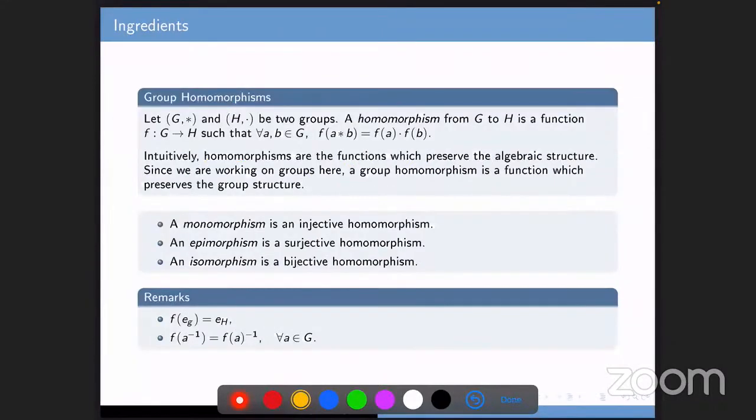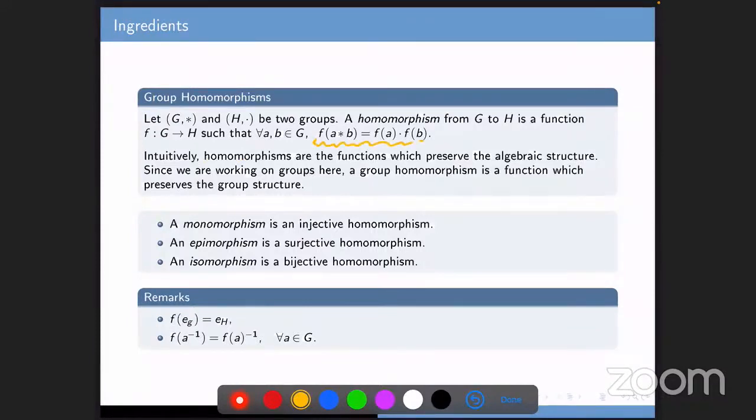Okay, next we form these group homomorphisms. We started with the set, we defined an operation on it, and then we have a richer, algebraic structure now, right? So we can't just leave the maps as ordinary functions. We have to make them richer too. And the way we make them richer is we add this condition here.